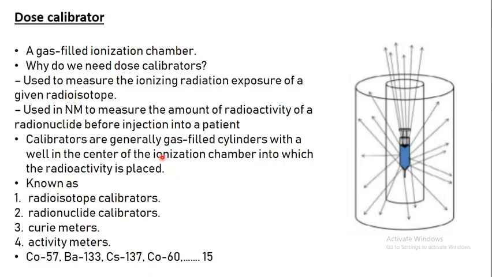So what is meant by dose calibration? A gas filled ionization chamber acts as a dose calibrator instrument. The question is why we need dose calibrators. The answer is simple: they are used to measure the ionizing radiation exposure of a given radioisotope.